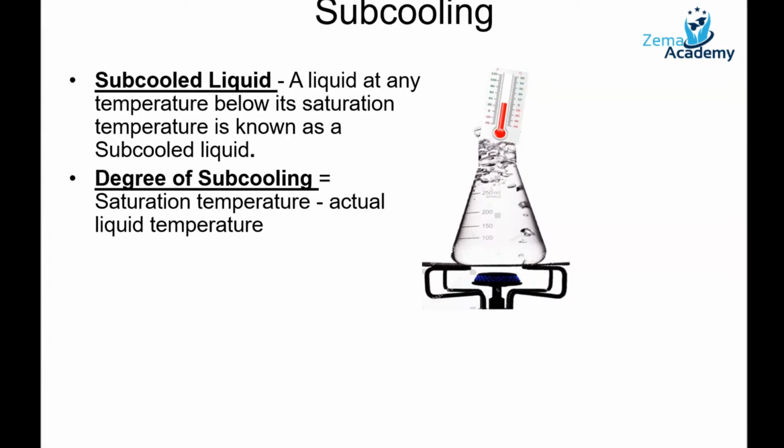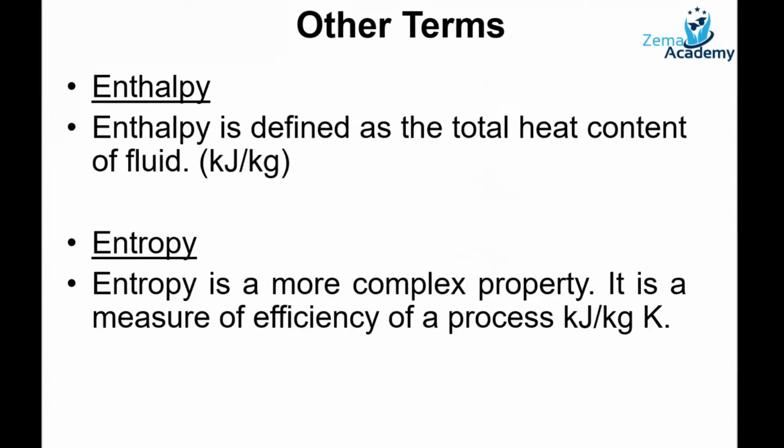So this is referring to a liquid at any temperature below its saturation temperature. And we can calculate the degree of subcooling. Degree of subcooling is Tsat minus T actual.